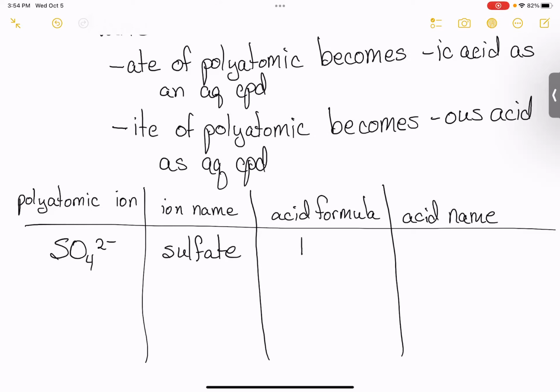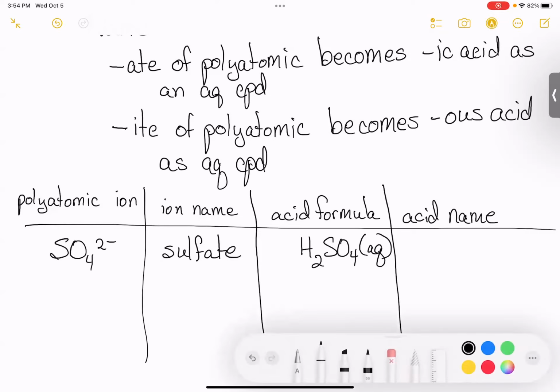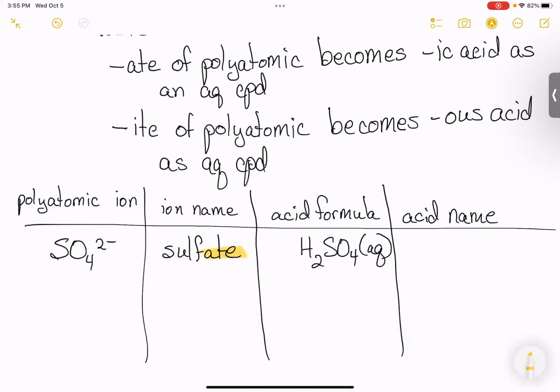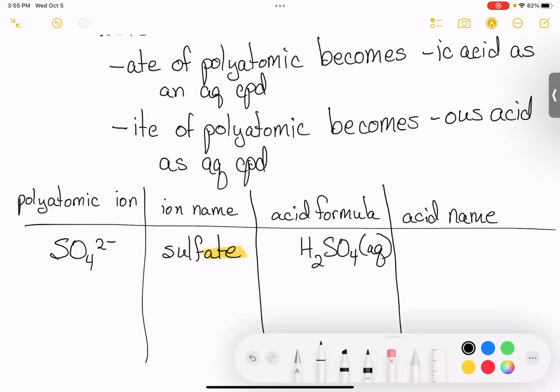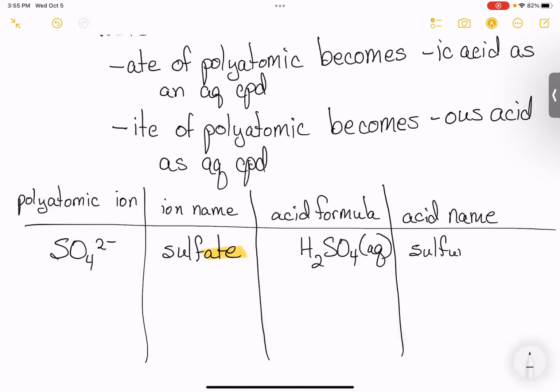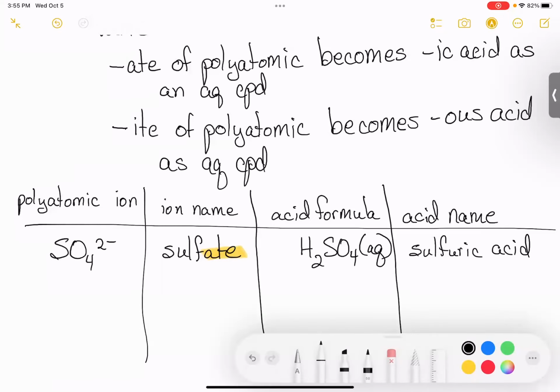Since it's got a 2- charge, it needs 2 hydrogens, followed by AQ. Since this ends in ate, to name the acid, it becomes sulfuric acid, with the ic acid.